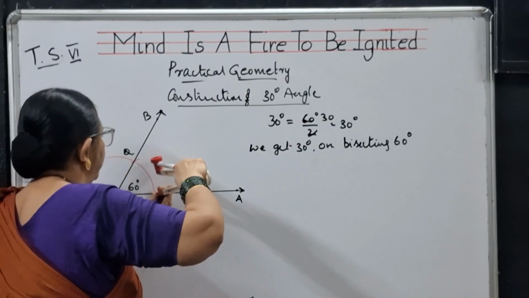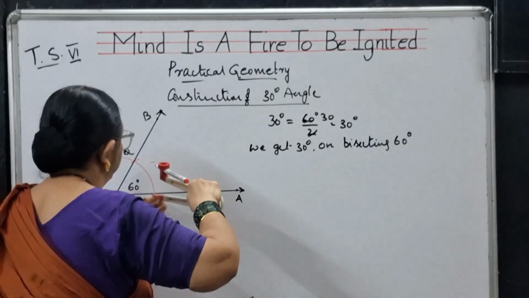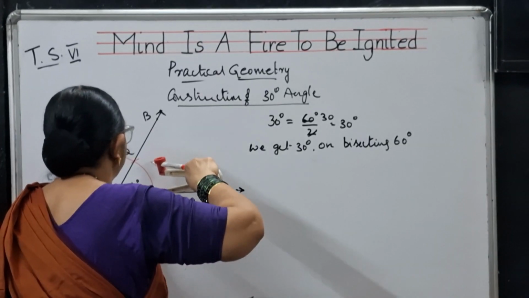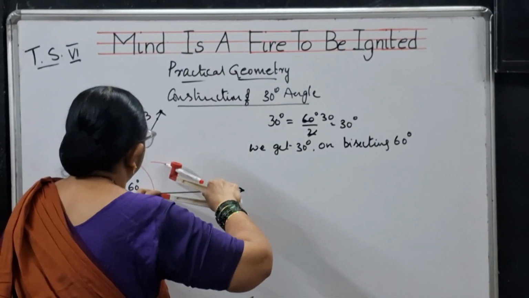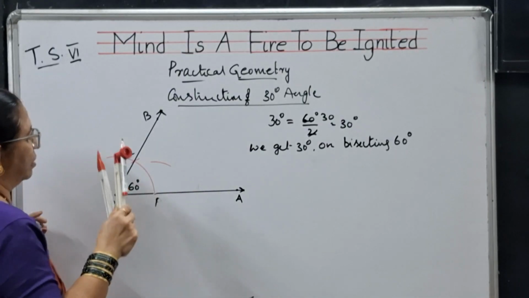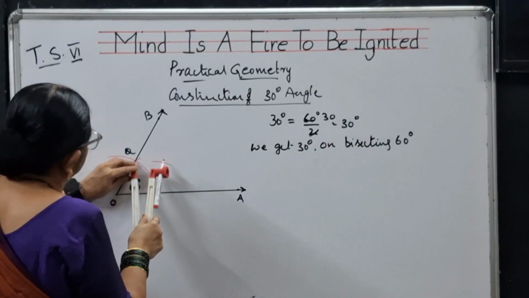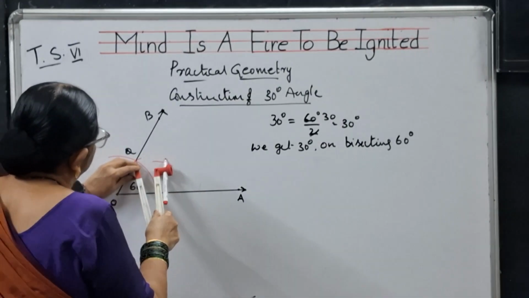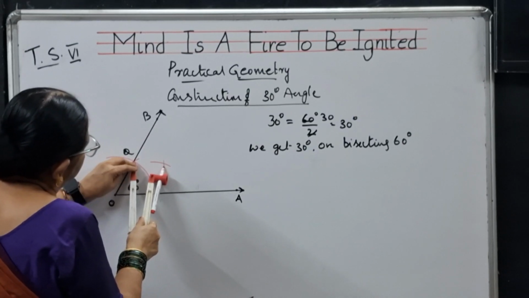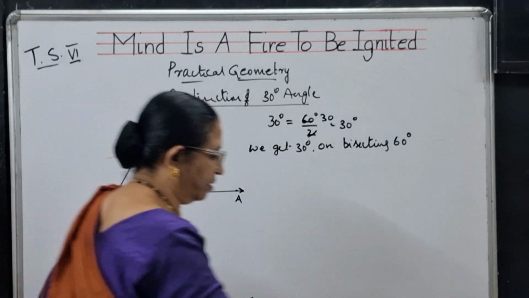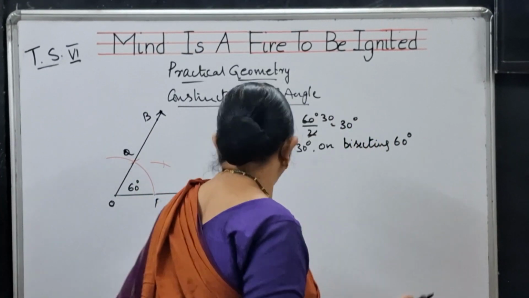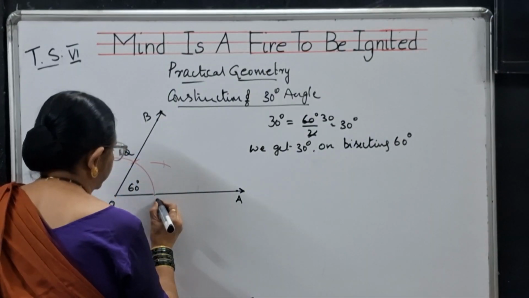I should draw an arc in this way. Without disturbing it, Q as center, you have to cut this previous arc. Let me consider this point as R.